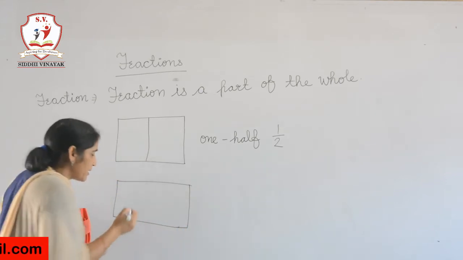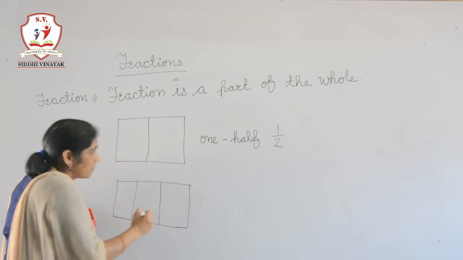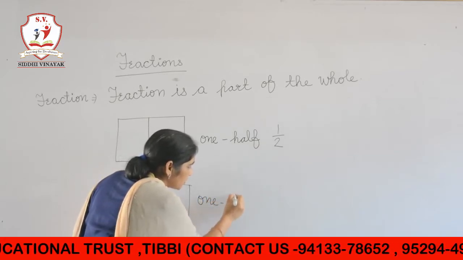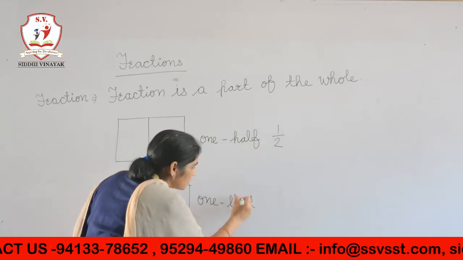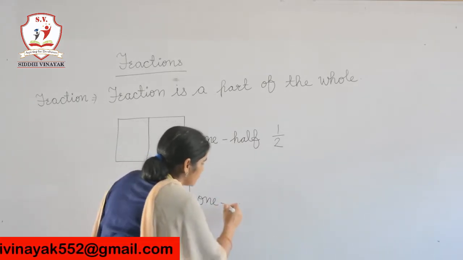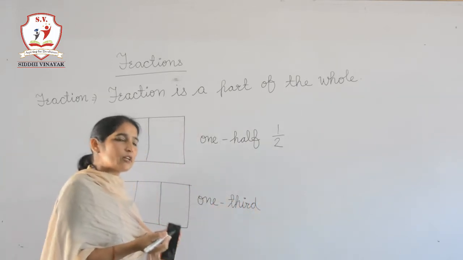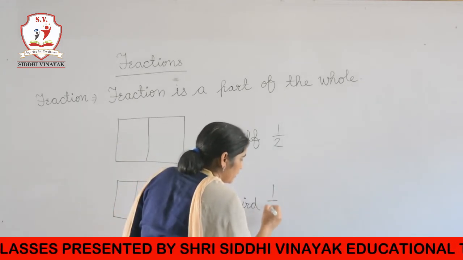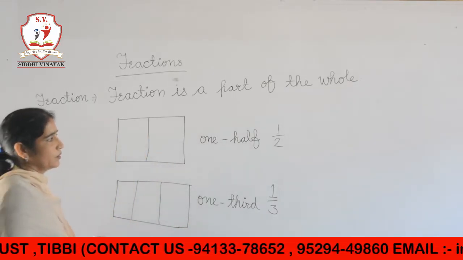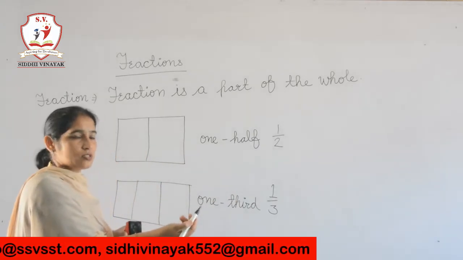We divide it into three equal parts. This is written as 1/3. One-third is represented by 1 upon 3. One upon 2 and 1 upon 3 are called fractions.